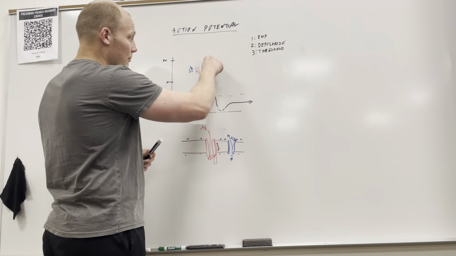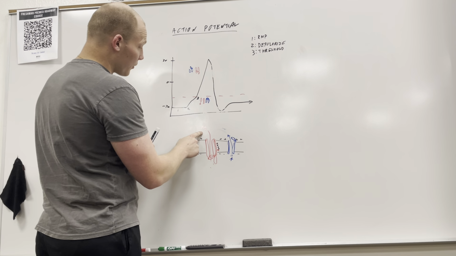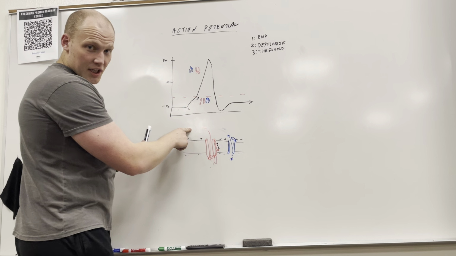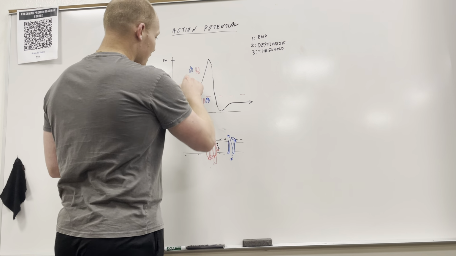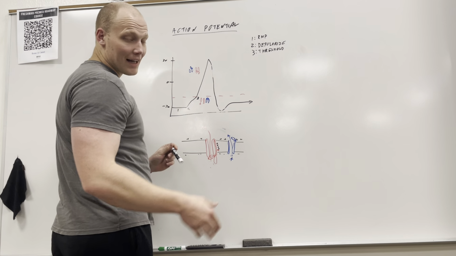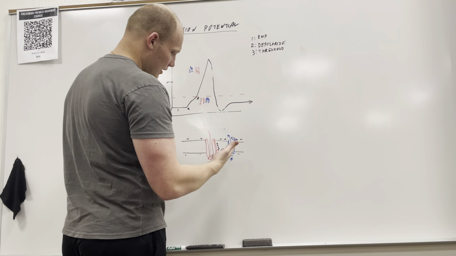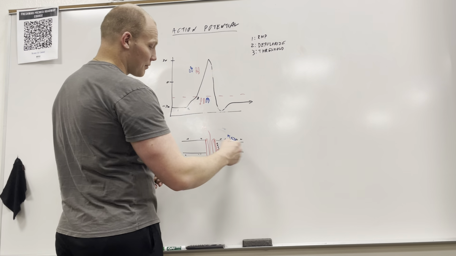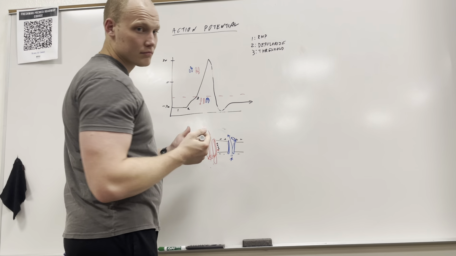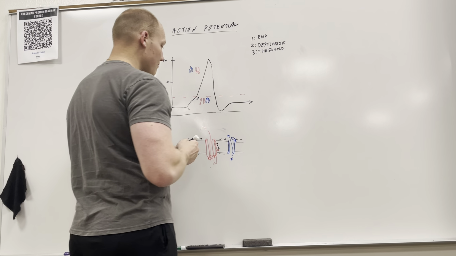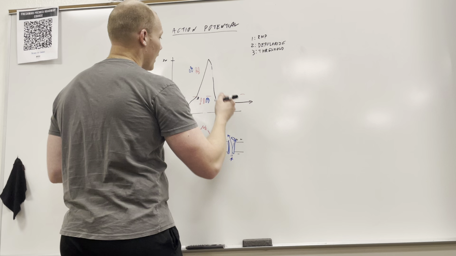And that's when we hit our peak here. And at that point, these sodium channels are closed with that deactivation gate. And these potassium ones are open, allowing that potassium to flow out and try to reestablish this resting membrane potential. And we see it begin to repolarize.